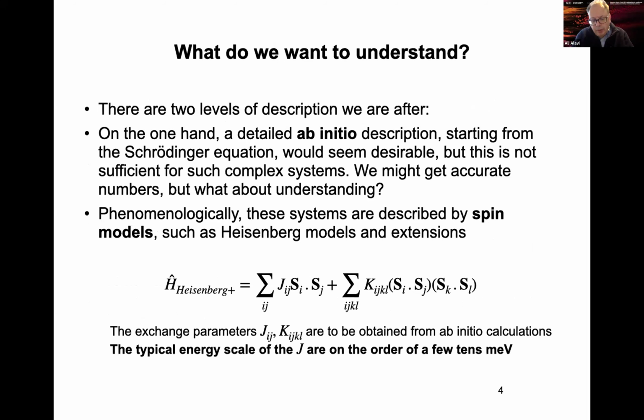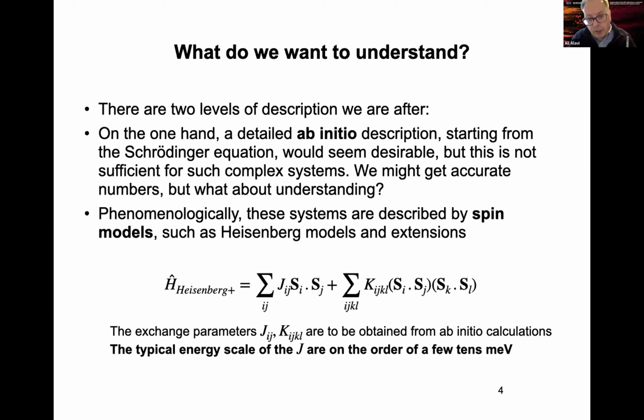What we want to be able to understand in these systems is at least two levels of description. On the one hand, we want a detailed ab initio description, basically starting from the Schrödinger equation and getting an ab initio description of the energy levels of the spectra. But just getting numbers out of extremely heavy, detailed, complicated calculations doesn't lead to a whole lot of understanding.